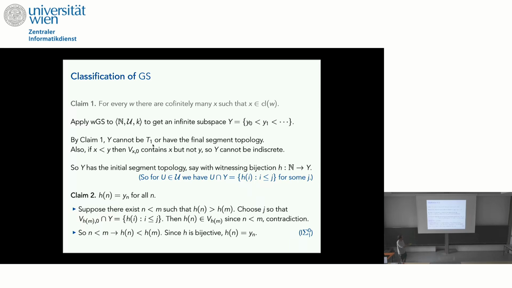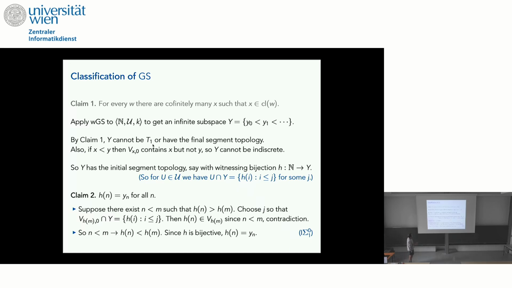Okay. So here's our witnessing bijection for this to be the initial segment topology. What does that mean? It means every open set U in the subspace topology has the form H of I less than or equal to J for some J. It's literally the image of an initial segment, a finite initial segment.